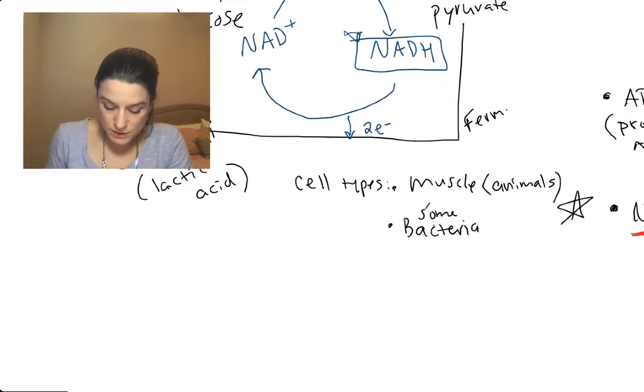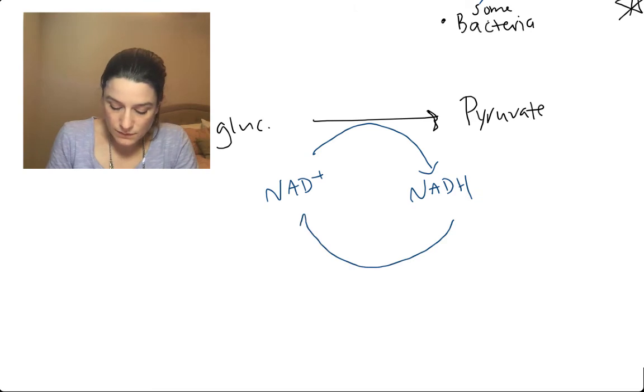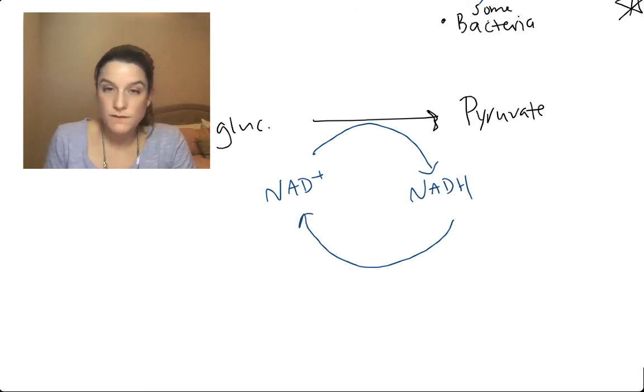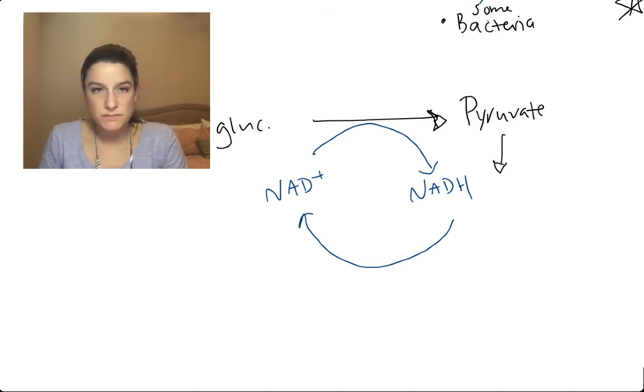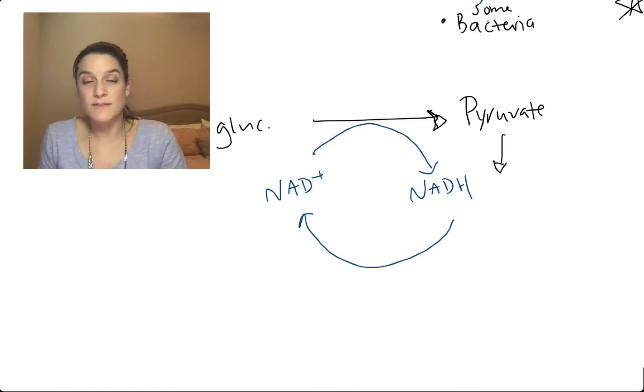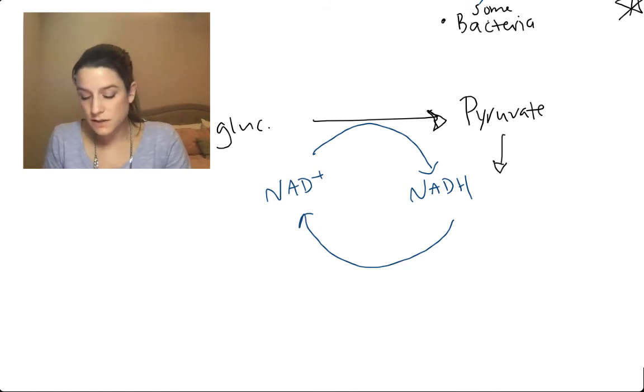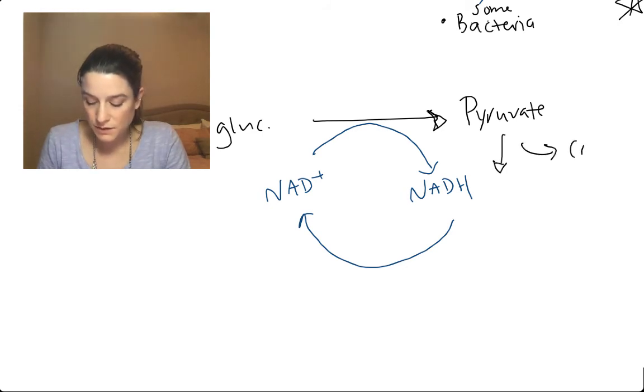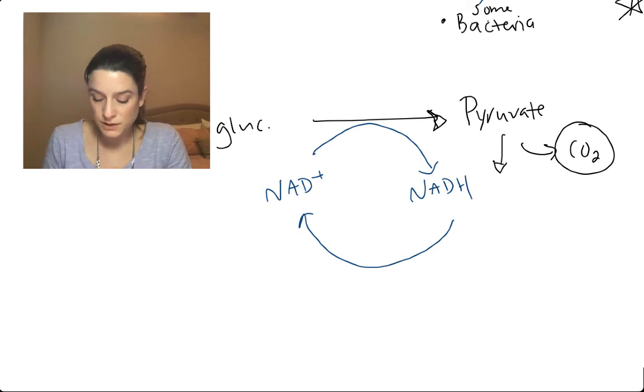The other option, again, we want to regenerate that, and it's going to do a conversion step instead of just going into pyruvate. Other types of cells have different enzymes, so they do different processes. Why do they have different enzymes? Because they have different genes. So in something like yeast, pyruvate actually gets converted into a product, which I don't care that you know, but this is CO2 production.